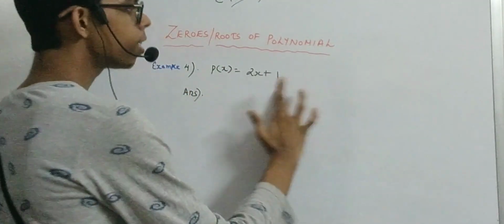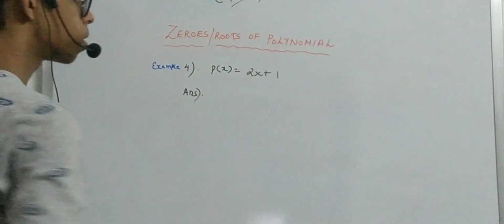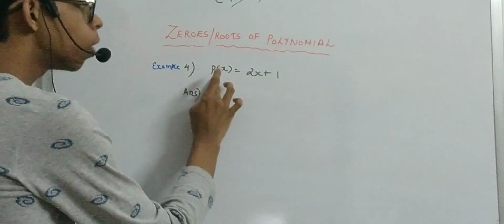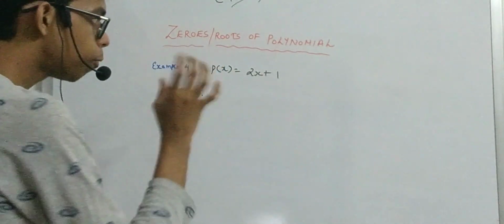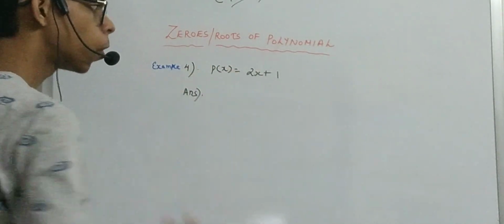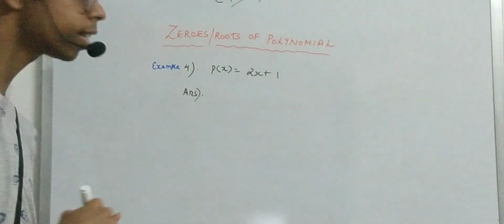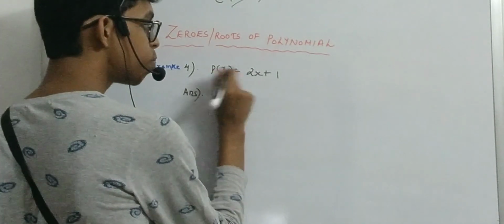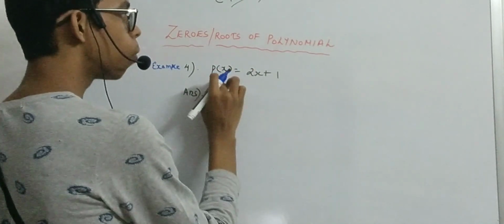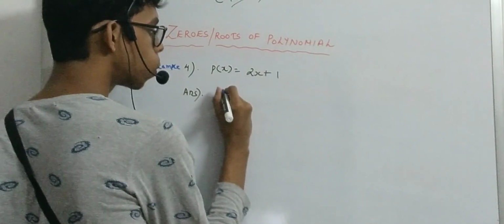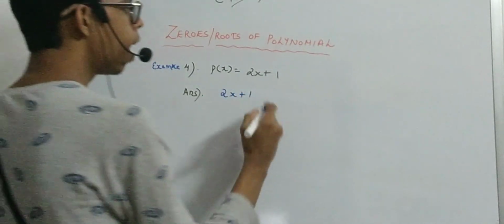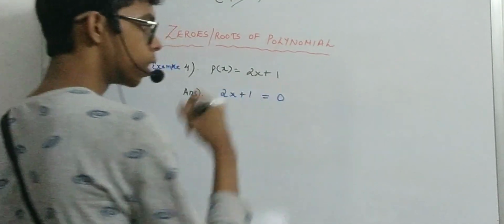So when such questions come, what you should know is, we know that if the polynomial has a 0, definitely the value of the polynomial should be equal to 0, right? So I can write this p of x. If we want to find the value of x, the polynomial should be 0. So what I should do is write 2x plus 1, this polynomial, and then equate it to 0.